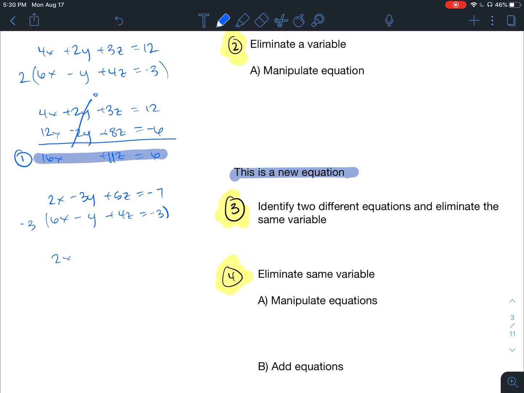So 2x minus 3y plus 5z is equal to negative 7. Negative 3 times 6x is negative 18x. Negative 3 and negative y, that's going to be positive 3y. Negative 3 and 4z is negative 12z. Negative 3 and negative 3 is positive 9.